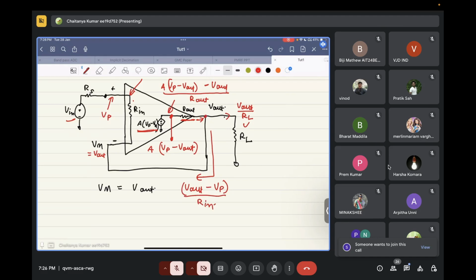Okay. So we can apply KCL at this output node, right? Overall, the current flowing in will be equal to the current flowing out of this node.